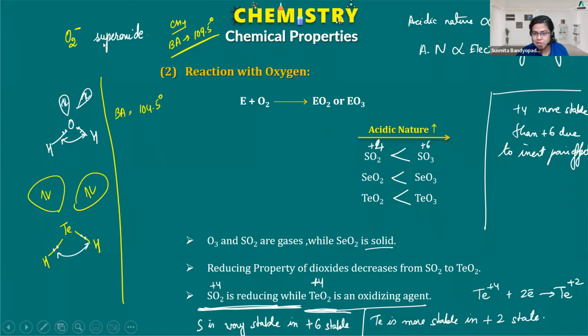Tellurium in the +2 state, sulfur in the +6 state. So SO2 is reducing in nature, and TeO2 is oxidizing in nature. So a lot of redox concepts are required here, right?